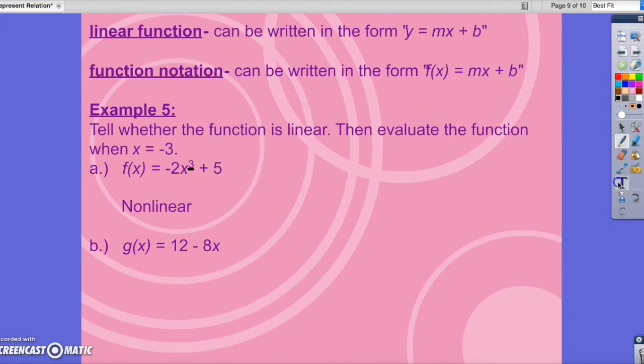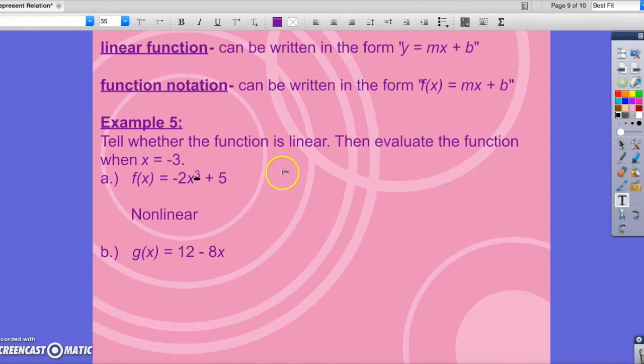Now, how do we solve with function notation? We want to also evaluate function x equals -3. So every time I see an x, I'm going to plug in -3 for it. So you see how that was an x here? All right.